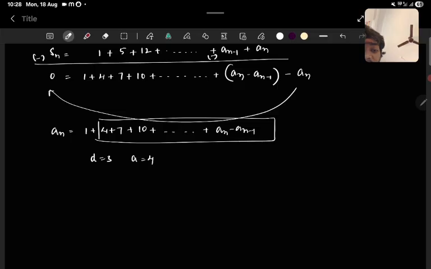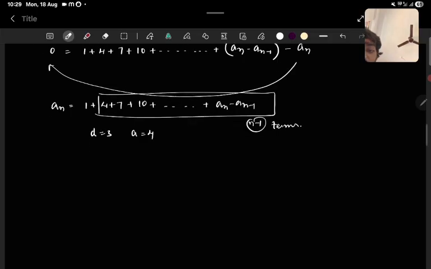This will be having n minus 1 terms. Okay, n minus 1 terms. So it will be 1 plus, 1 is the additional one, n minus 1 by 2 times of 2 okay, sorry, 4 plus n minus 1 into 3.